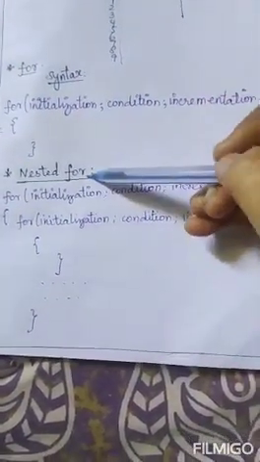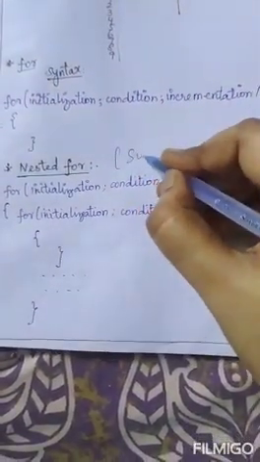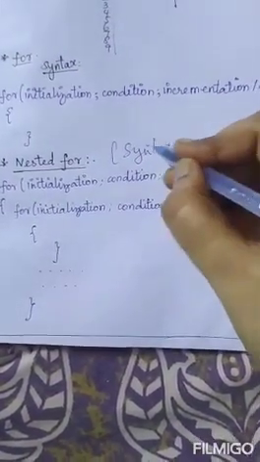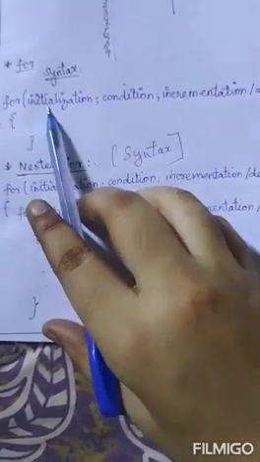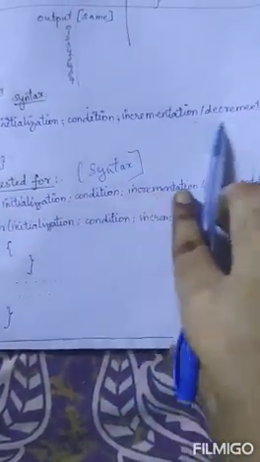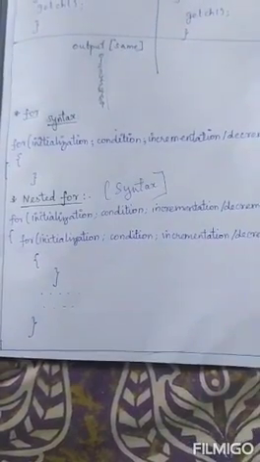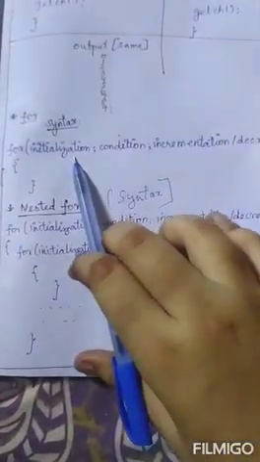What is for and nested for? We can see it. In for and nested for, we only have the basic syntax. In for, I give initialization, condition, incrementation or decrementation. Initialization is used to give a variable an initial value.